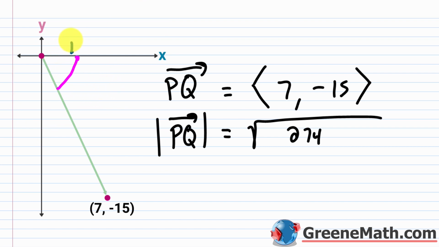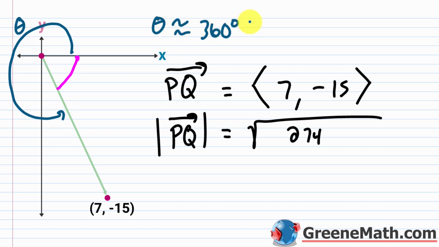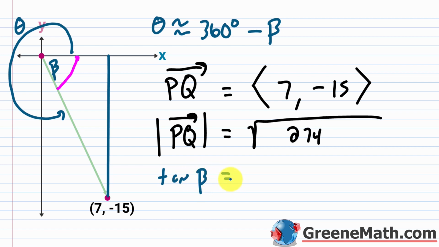So I want to find theta. So that's going to be this angle right there. So let's say this is theta. So we'll say theta is approximately 360 degrees minus whatever this guy is right here. So let's just, again, call this beta. So minus beta. So how do I figure that out? Again, you can just make a little right triangle here. And then you could say the tangent of this angle beta is equal to, again, the opposite here would be this guy right here. Now, again, I'm not going to put negative 15 in.